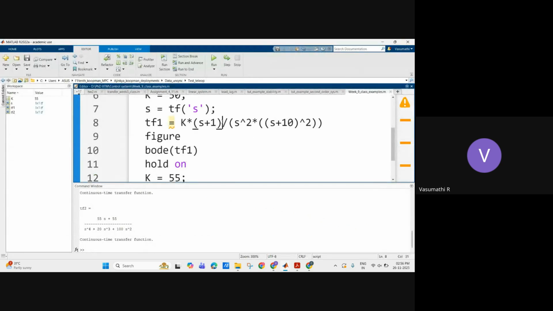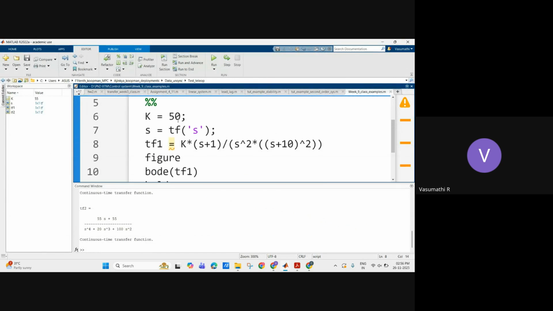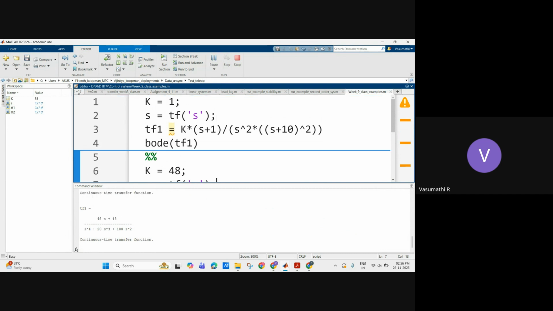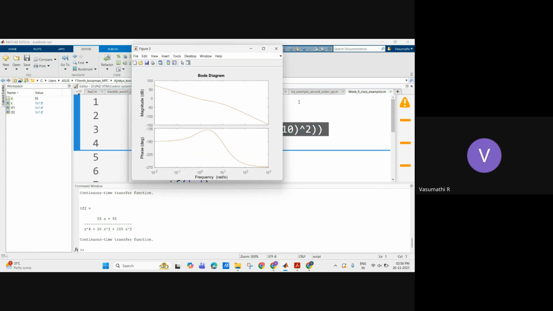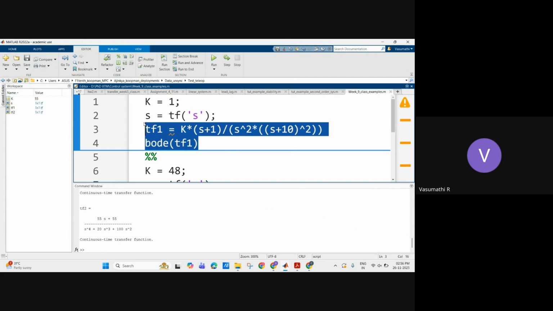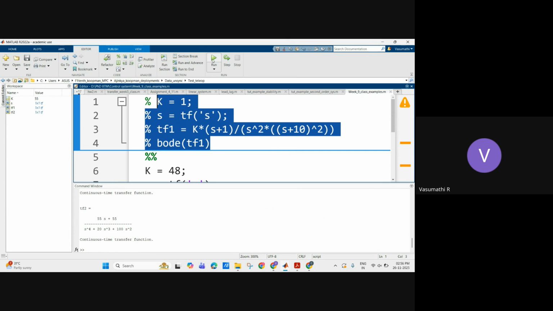Okay, wait. If I put k equal to 48, that will show. There is not much difference here between k equal to 48 and 54.